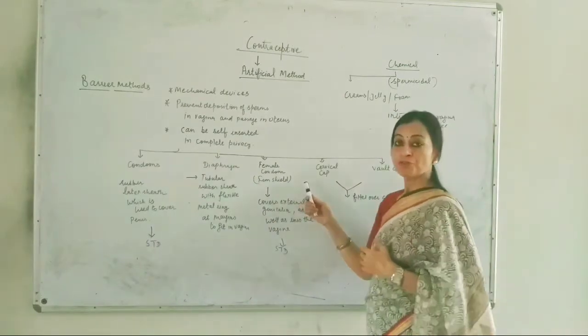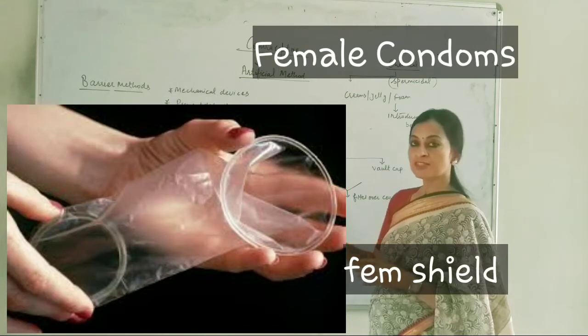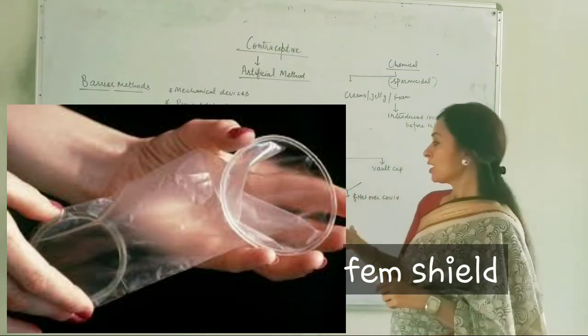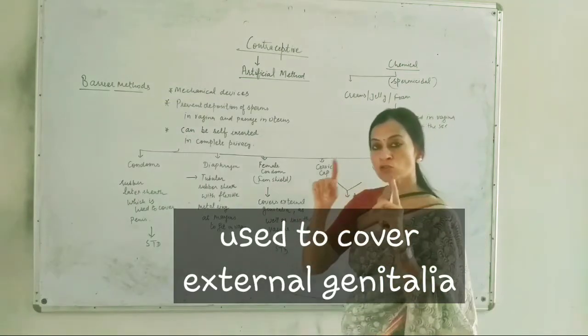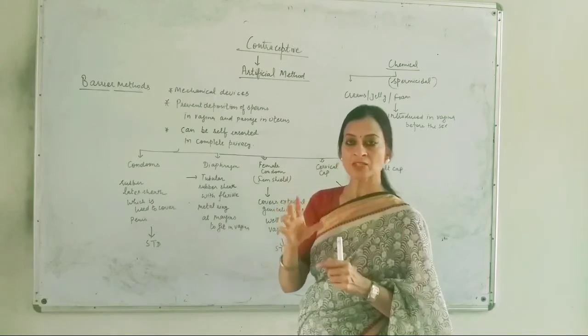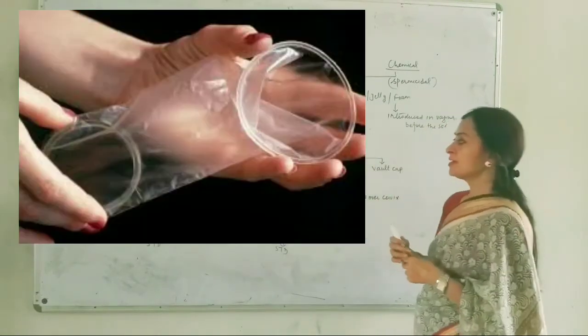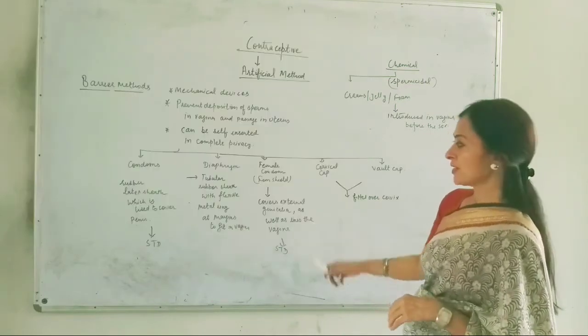Then there is the female condom, also known as the fem shield. This is again made of rubber, and it covers the external genitalia and also lines the vaginal wall. The vagina is a tube-like structure, and it is covered by this female condom along with her external genitalia.